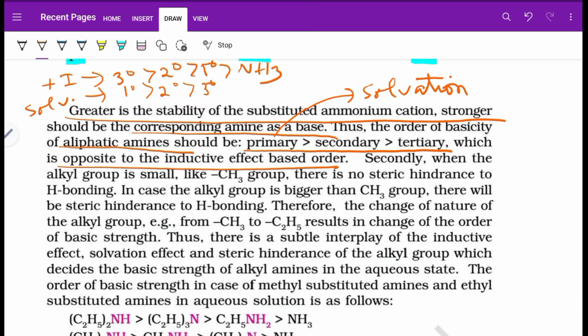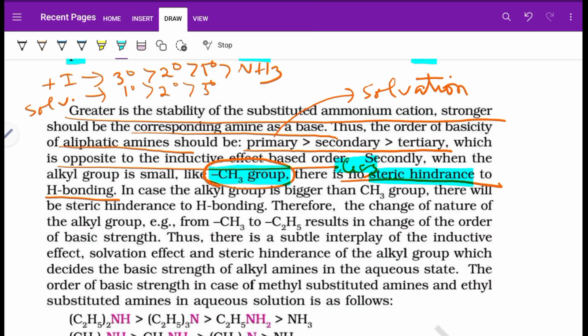Now, if the size of the alkyl group is small, that means CH3, then the steric hindrance to hydrogen bonding is less. So if the alkyl group is methyl, then the steric hindrance to hydrogen bonding is less.